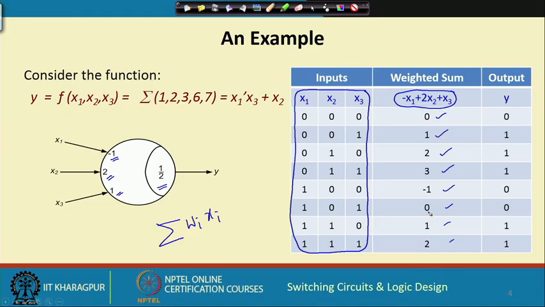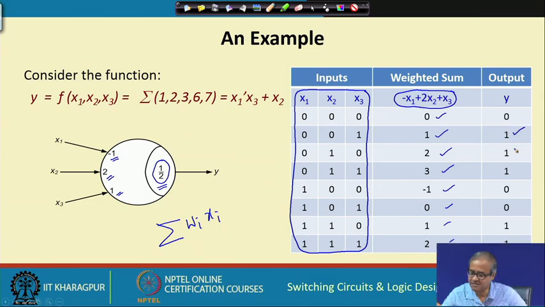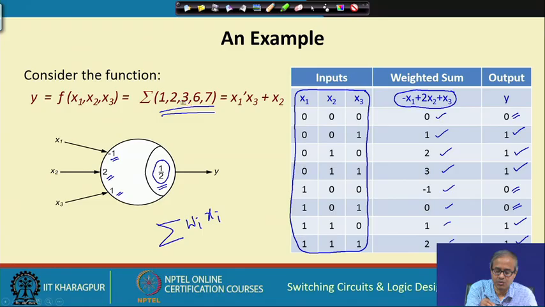Now you see, because the threshold is 0.5, half, among these how many of them are greater than or equal to half and how many are less than half? You see this is greater than half, this is greater than half, 2, 3 is also greater than half, 1 is also greater than half, 2 is also greater than half, but these 0, -1 and 0 are not greater than half, that is why you are getting the output 0. You can verify this is nothing but what you wanted to implement: 1, 2, 3, 6, 7.